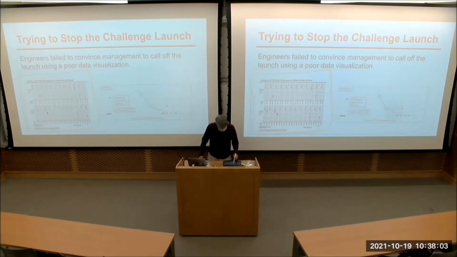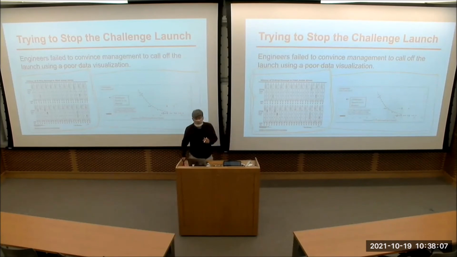Here on the right is a redrawing of this data. There is a dot for every mission and the temperature it was when it got launched. The x-axis here is the temperature at launch.